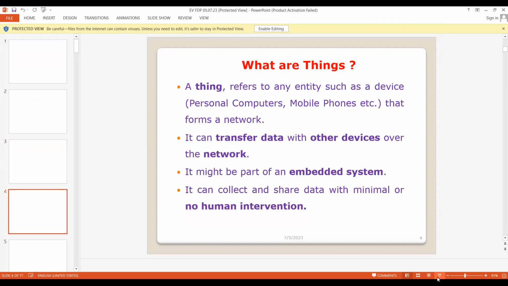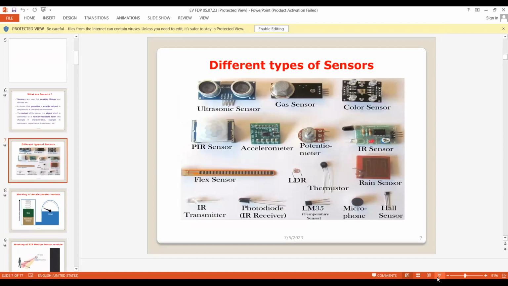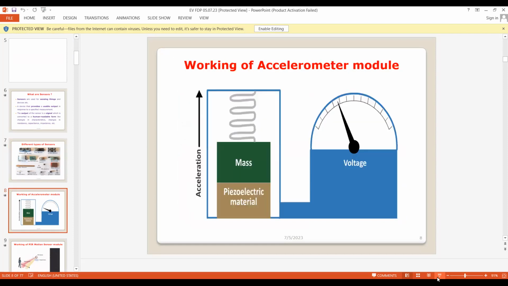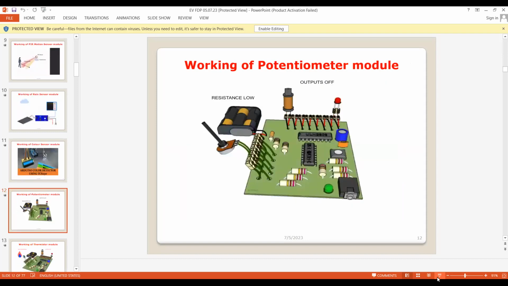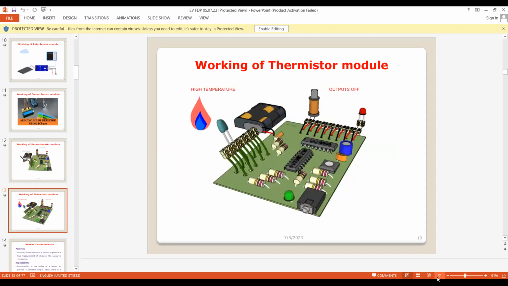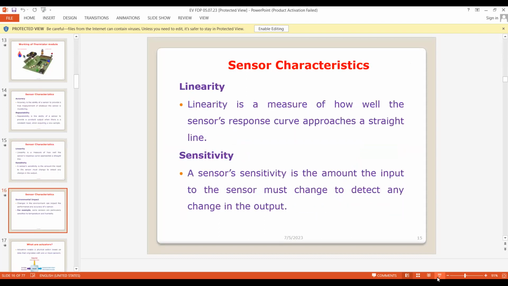Different types of sensors we may see: ultrasonic, gas, color, PIR, accelerometer, potentiometer, IR sensor, and so on. We also saw animations for the accelerometer, PIR sensors, range sensors, color sensors, the potentiometer as a variable resistance method, and the thermistor module. So these are the sensors.